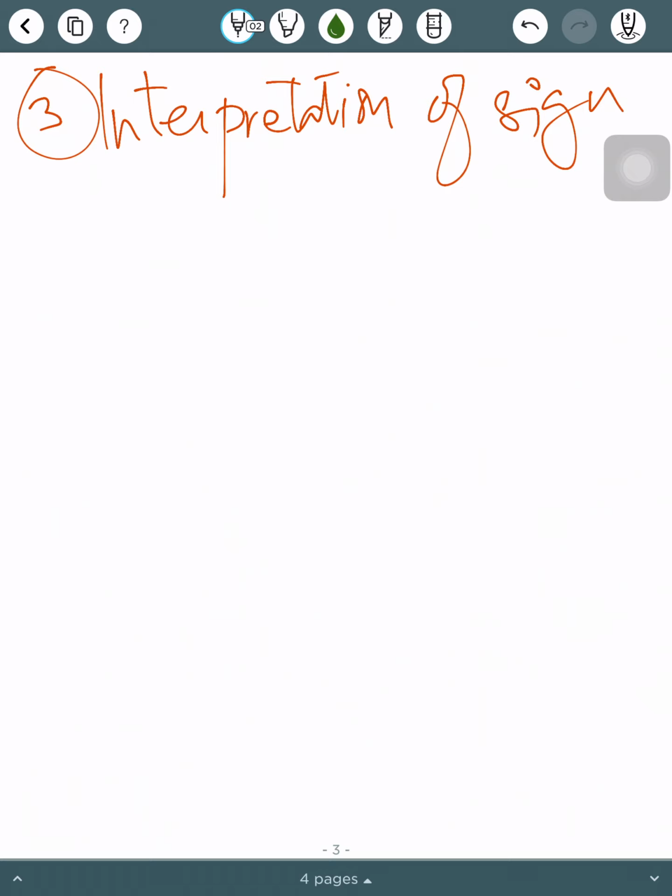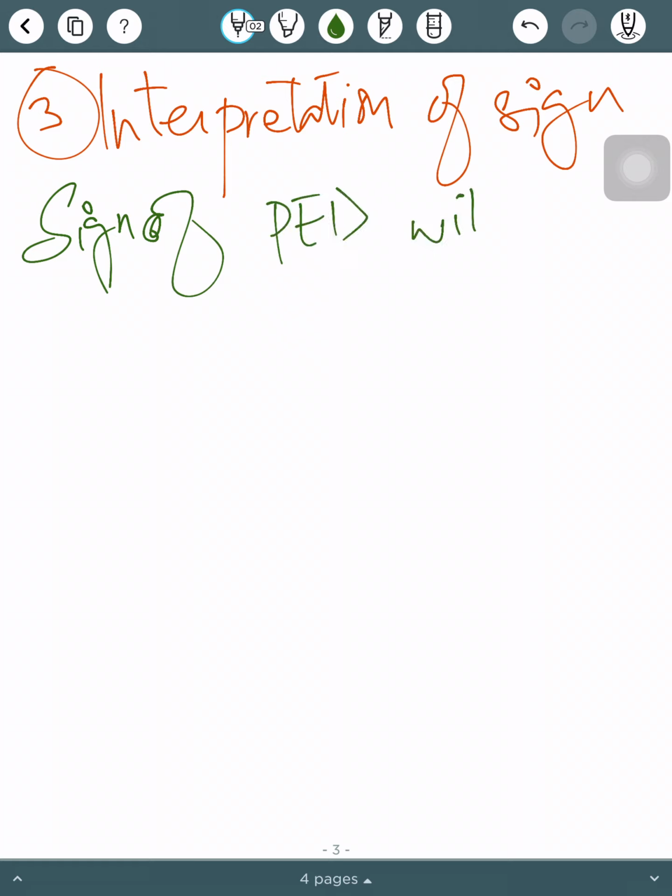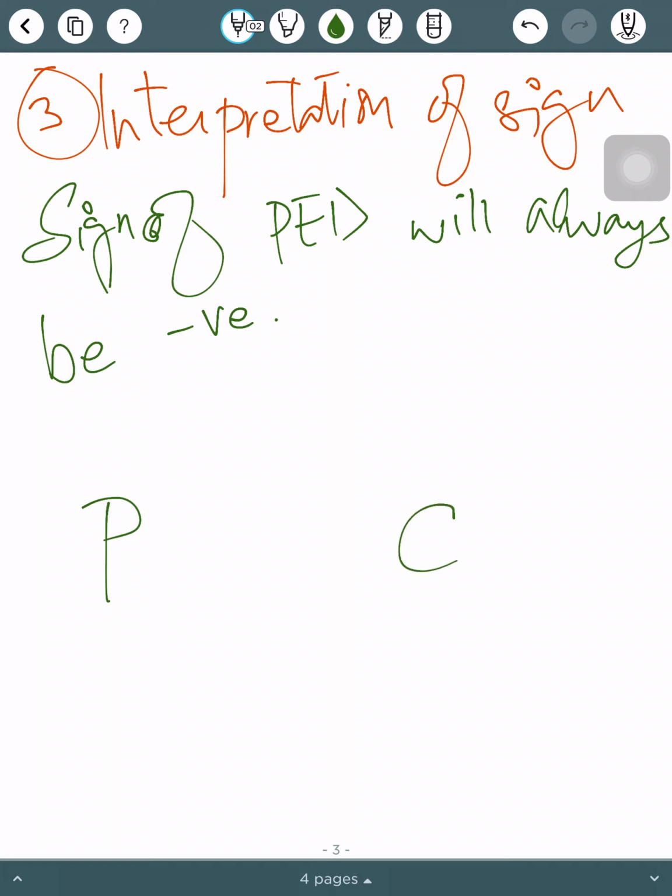So the sign of PED will always be negative. And why is that? Because price and quantity demanded of a product are inversely related, they are inversely proportional.